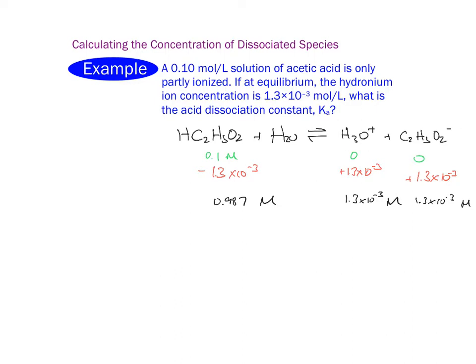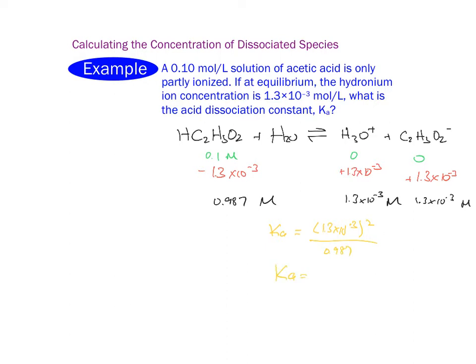Now, Ka can be found by multiplying the concentrations of the products. Since they're the same, we can just square it and then divide by 0.987.